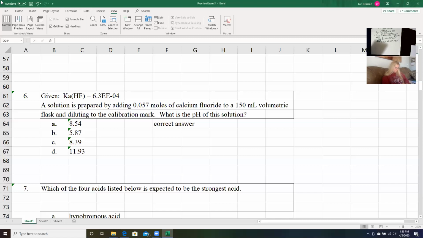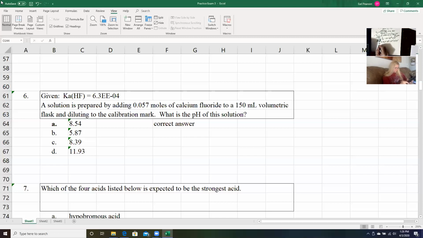Got that on the screen, times 2 is this. And so it looks like I'm getting my initial concentration for fluoride ion as 0.76 molar.